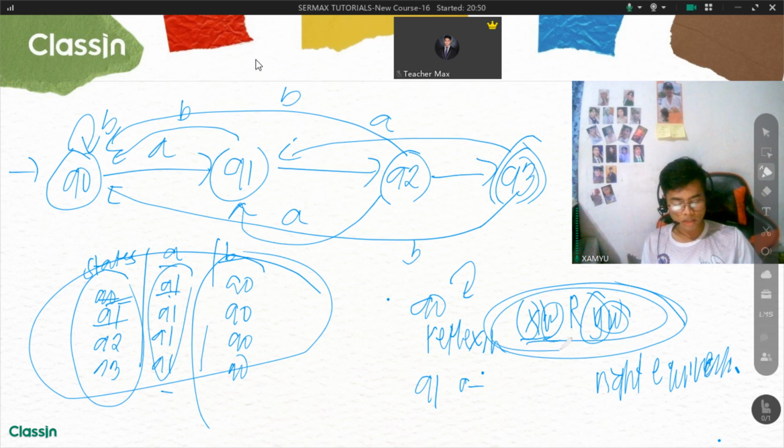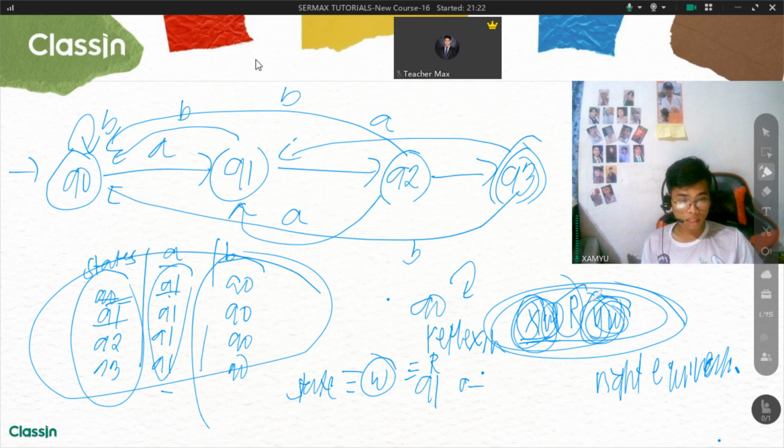Because in the right equivalence relation, any state must have the same or equal input string and must also maintain these states as well. They do have a relationship. So if X has a string, this is the state Q0 and this is the state Q1, they must have a relationship of strings that are accepted as well, that holds. So if it goes to Q1, it should be Q1. So that's how it works.